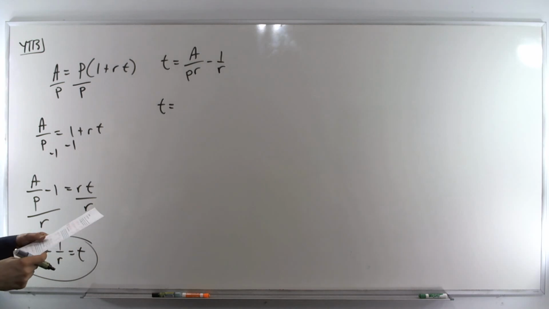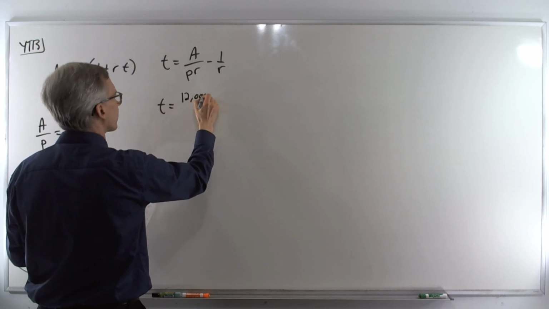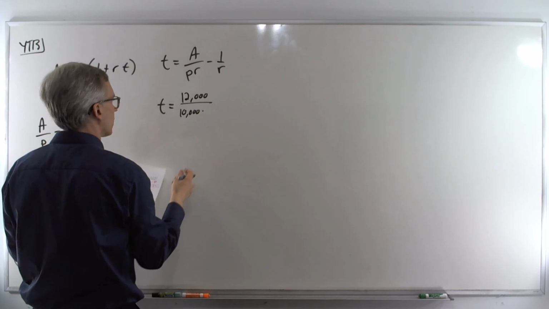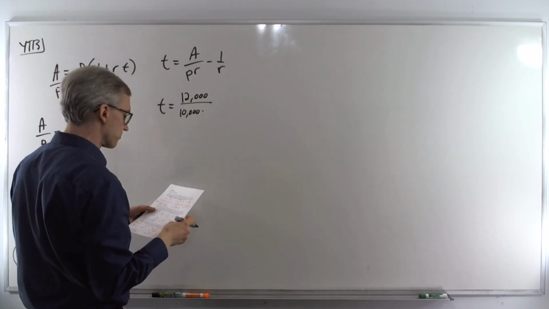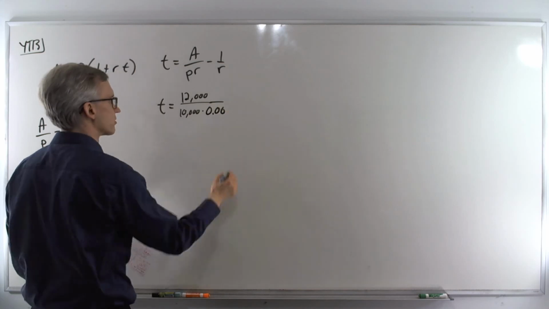Now we can plug in the known values. We've got 12,000 as our goal. We want 12,000 in the account. Principal is 10,000. And the rate is 6%. Convert that to a decimal, 0.06.